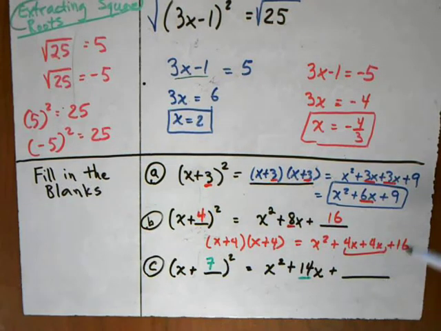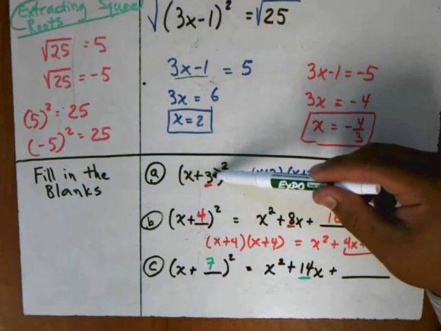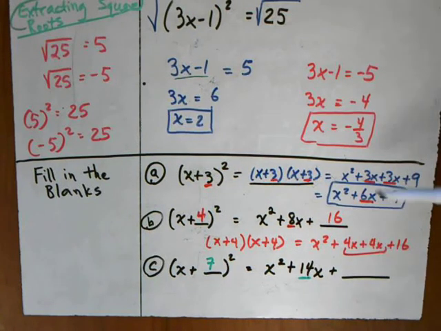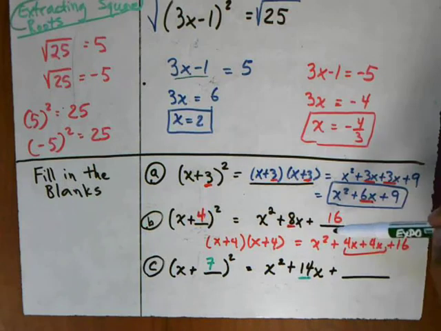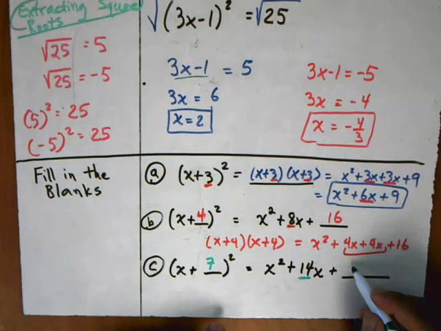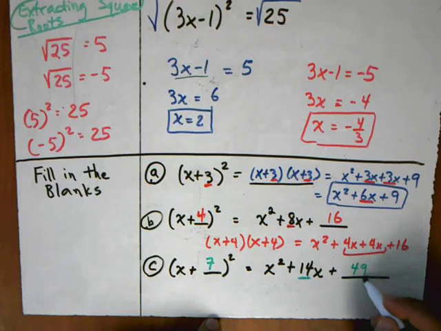And the term at the end here is just the number in the quantity squared, squared. So it was 3 here, so we square that, that's 9. It was 4 here, so we square that, and you get 16. It's 7 here, so when you square that, you're going to get 49.